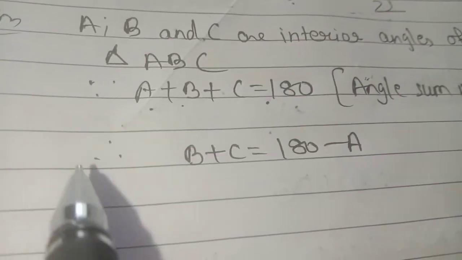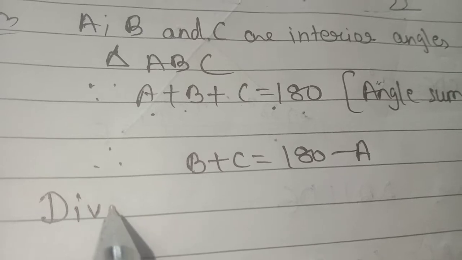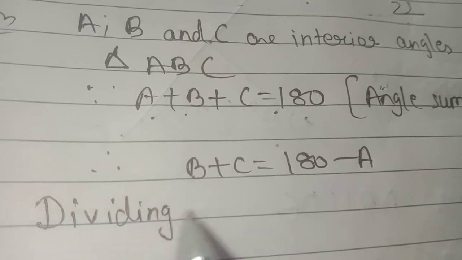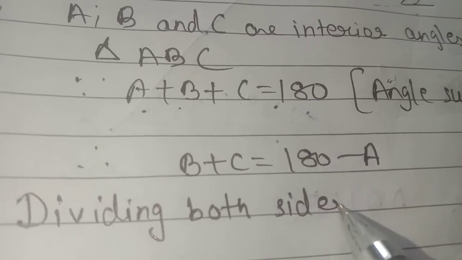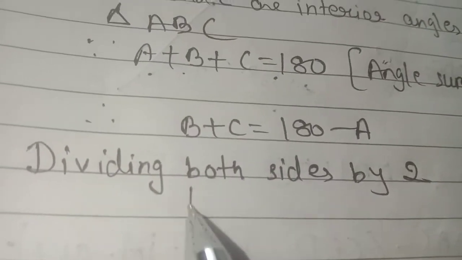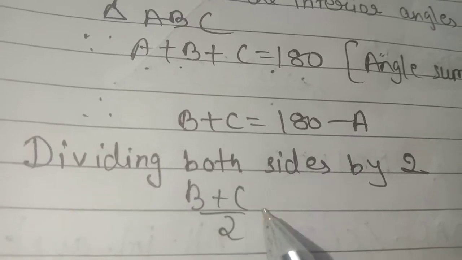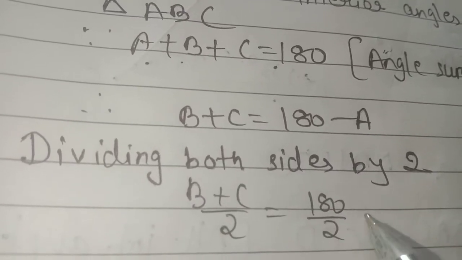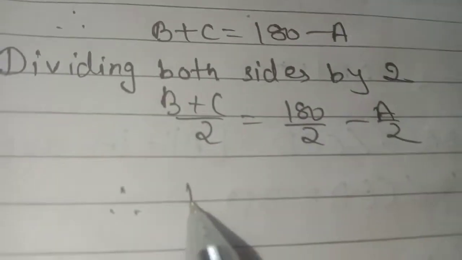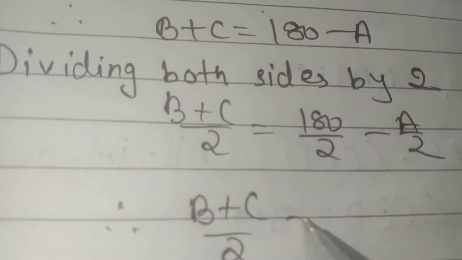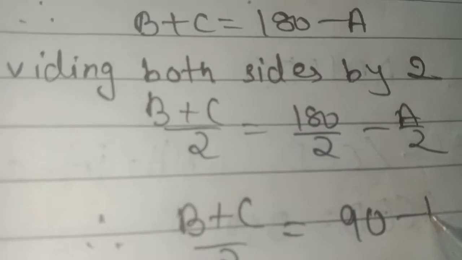So we'll write here, dividing both sides by 2. So here I am dividing by 2. What I will get? B plus C by 2, and here 180 by 2 minus A by 2. Can you see? So what I will get in the next step is B plus C upon 2 is equal to 90 minus A upon 2.